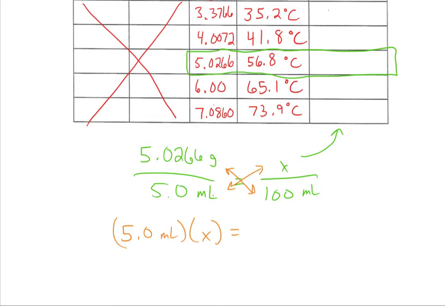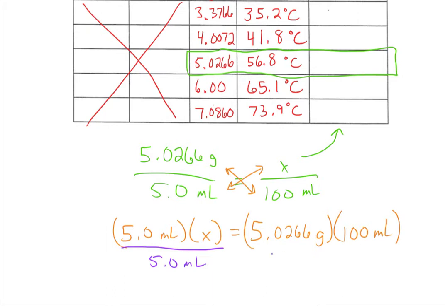So if I cross multiply, now 5 times x, there it is, and then that's going to equal this 5.0266 grams times 100. It's the first step in what's essentially the algebraic rearrangement to solve for x. That's what you're doing when you say cross, multiply, and divide. And then the divide part, I'll just do it as one total setup here.